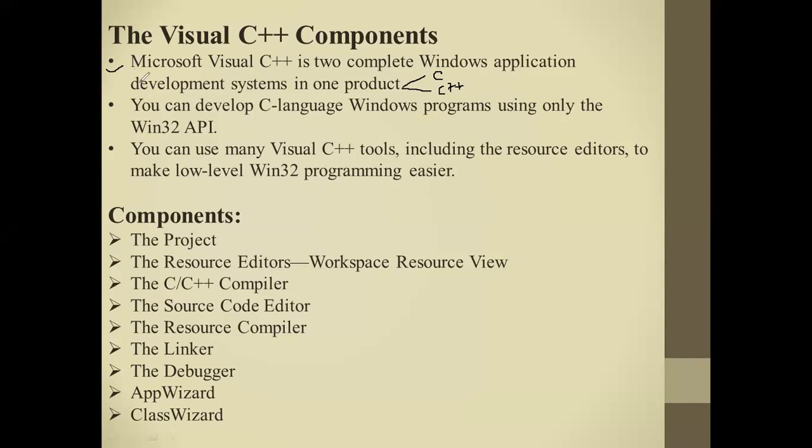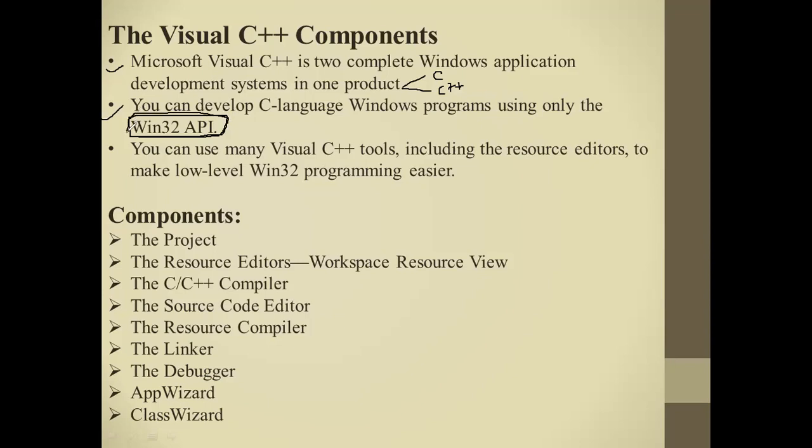We will divide it into different products. The first product, as we already said, is that you can develop a Windows program using the C language with the help of the Windows 32 API. We have already discussed the Windows 32 API, which is nothing but an application programming interface.